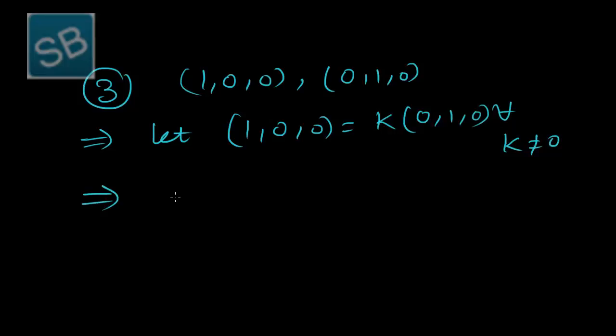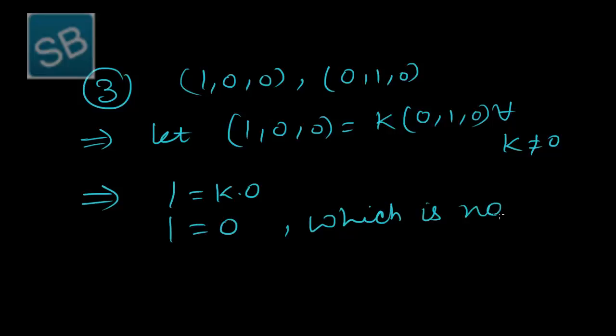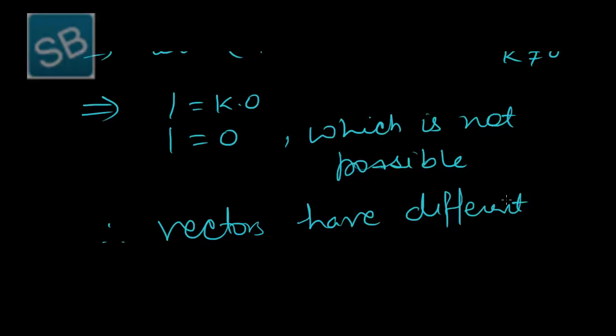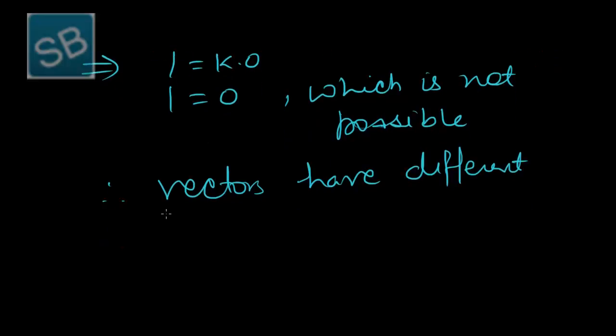Then, by equality of matrices, 1 is equal to k into 0, that is 1 is equal to 0, which is not possible. Therefore, no two ratios y1 over x1, y2 over x2 are the same. Therefore, the vectors have different direction, by condition 2.